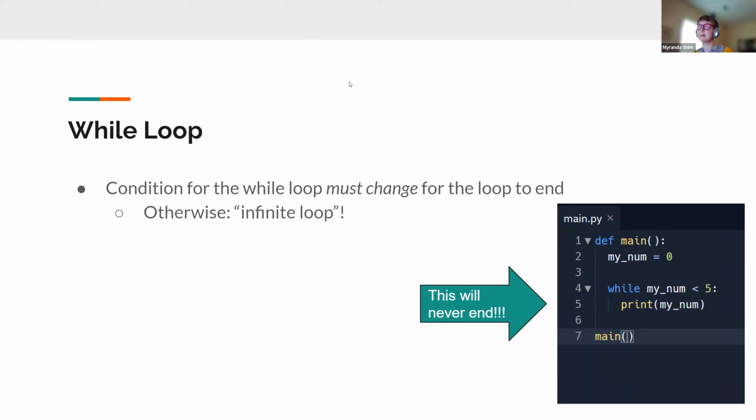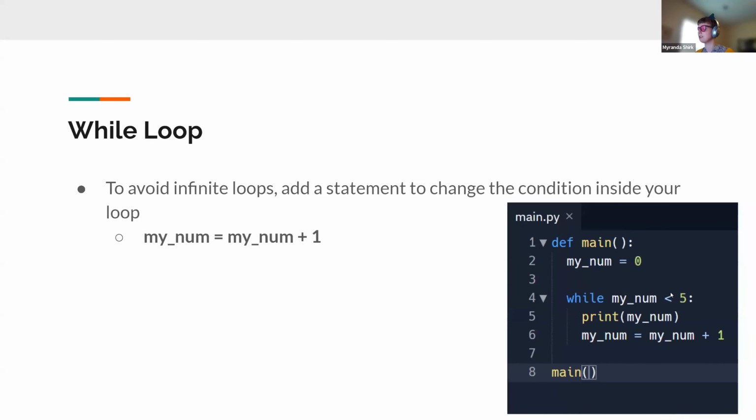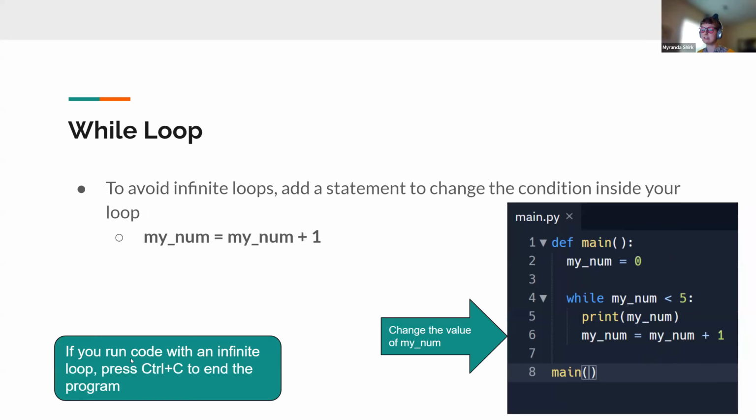I think Replit also has a button for stopping it, but it's very important to remember that you need to change this condition up here, or else your loop is just going to keep going and going. So that's why I have this increment here where I say it's equal to itself plus 1 each time. So we change that value. And here's the little tip: if you run code and it won't stop, just press Control-C and the program should end.